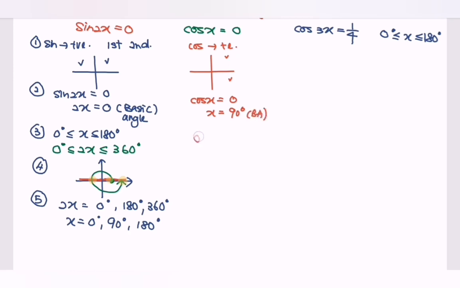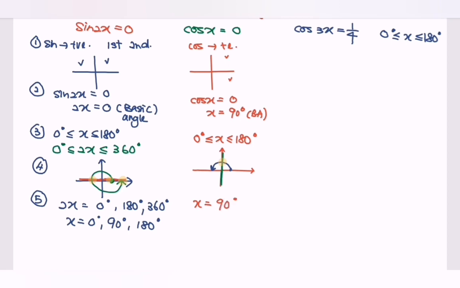So in here, range will be 0 degree until 180 degree. Step number 4, the rotation. So in here, we have the first and the second quadrant, followed by the basic angle where we have 90. And then the rotation would be 0 until 180, where the point of intersection is on this part. And finally, step number 5, x is equals to 90 degree.